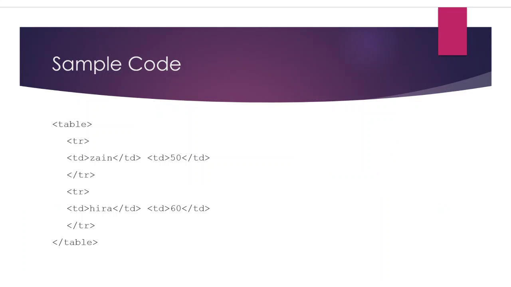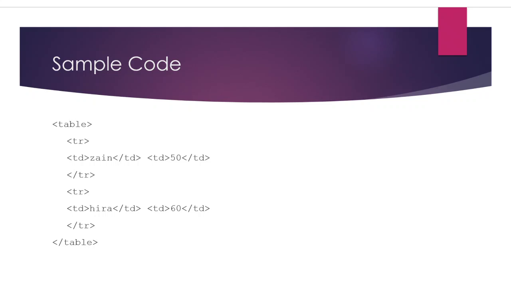Now in the context of a compiler, I have written a sample code. This is usually part of the HTML code which you write when you are making a website. This is the table syntax. Table, tr means table row, and td means table data.